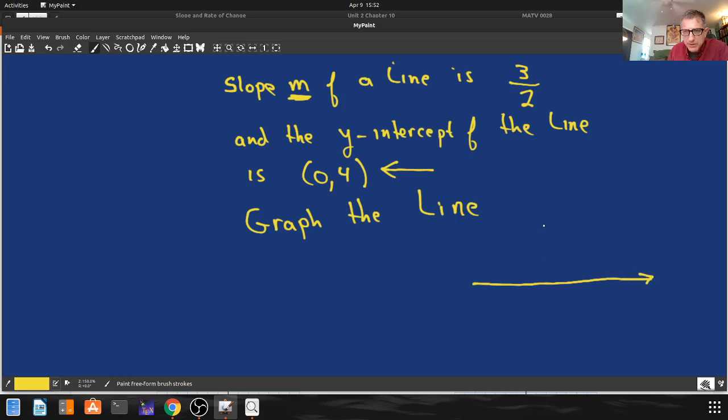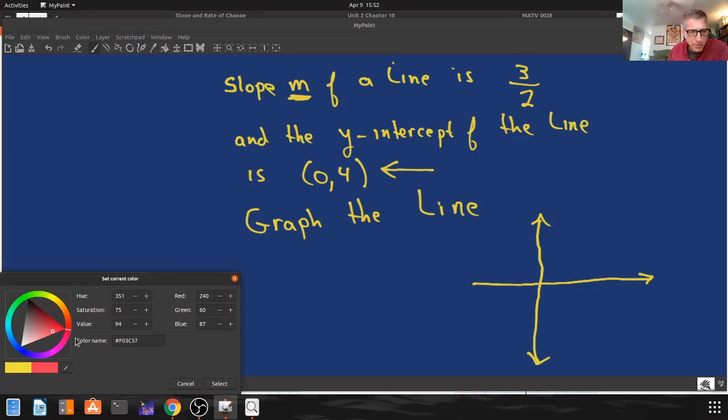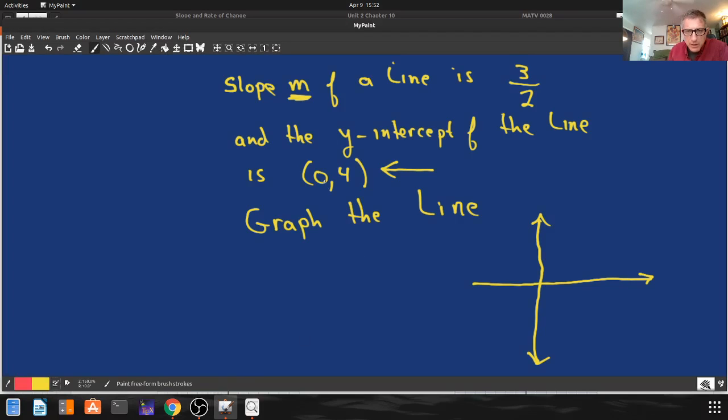Here's my x, and here's my y. I'm going to say that the point (0, 4) is right there. To actually graph with our graphing tools, we don't use angle measurements or anything like that.